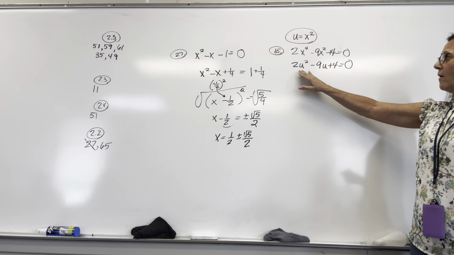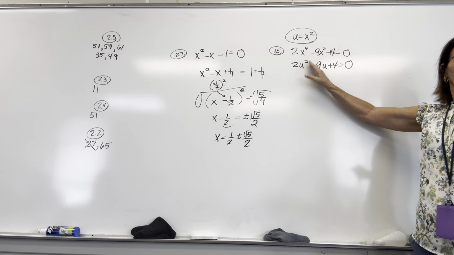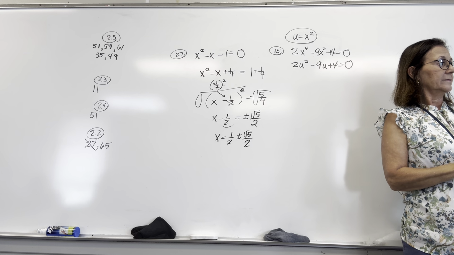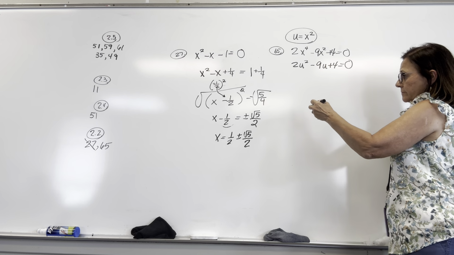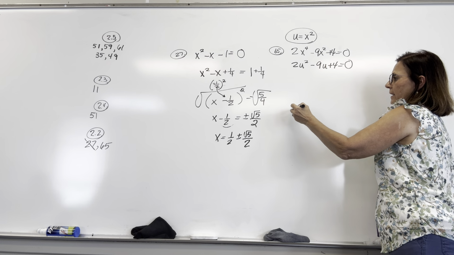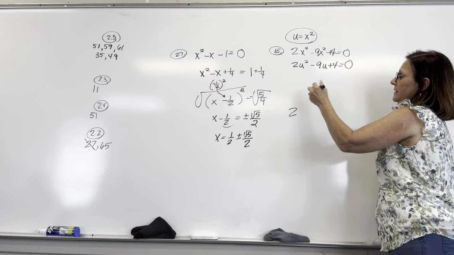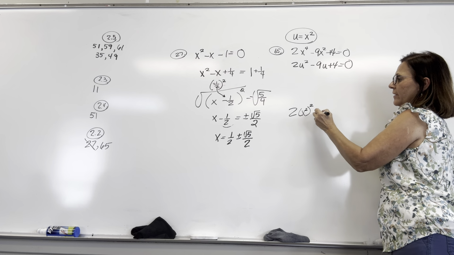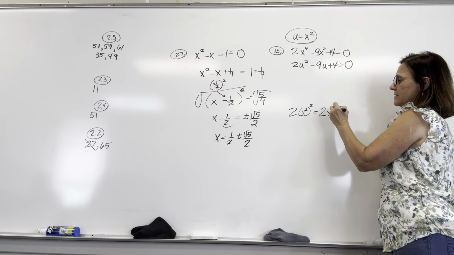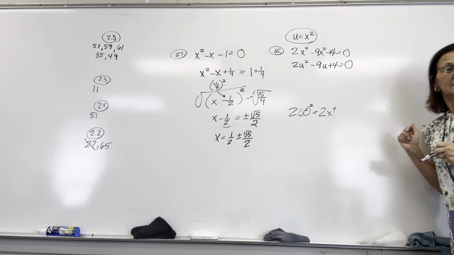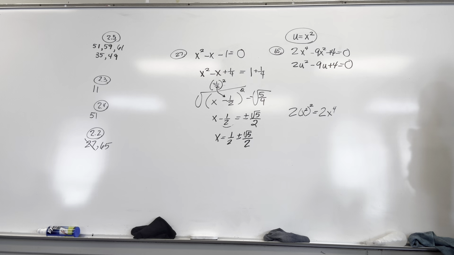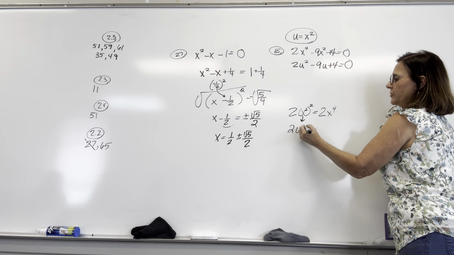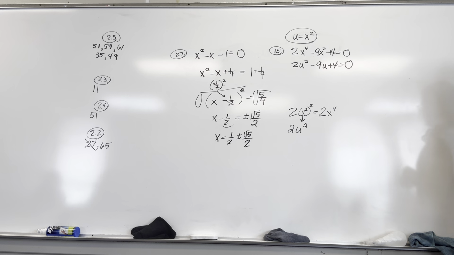Does everybody understand how I get u squared? 2x squared squared equals 2x to the 4th. So for x squared, I'm just going to substitute u in, and it becomes that.